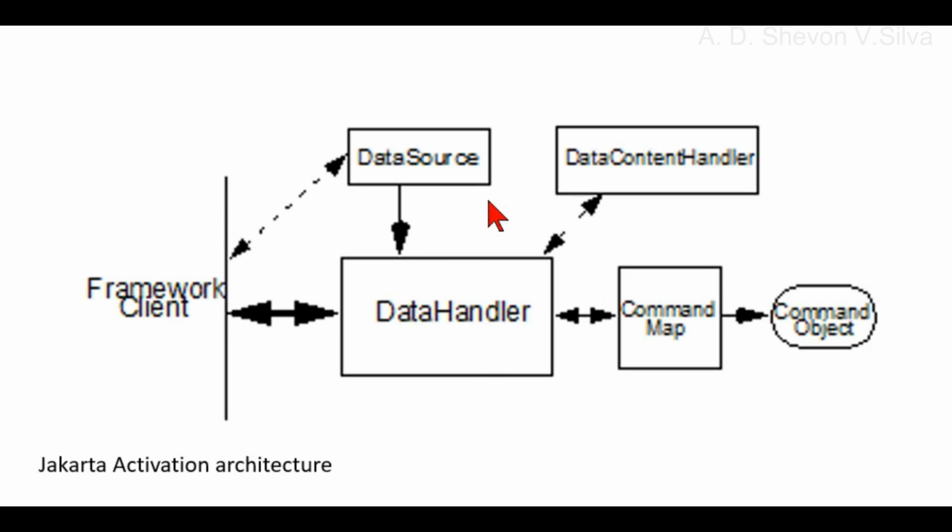The command map can generate and maintain a list of available capabilities on a particular data type by a mechanism defined by the implementation of a particular instance of a command map.